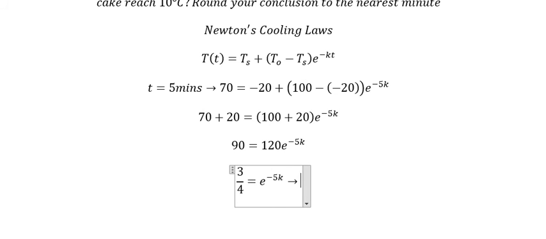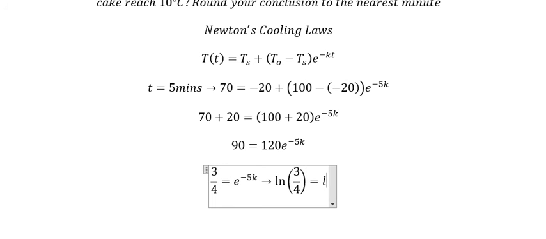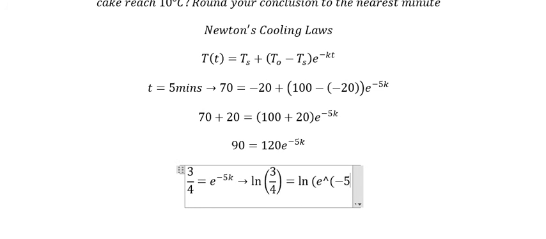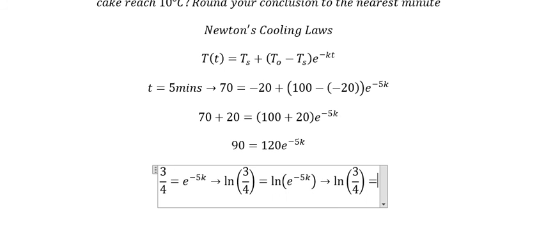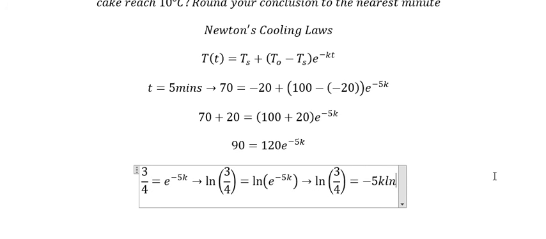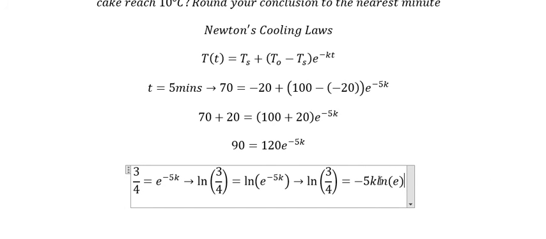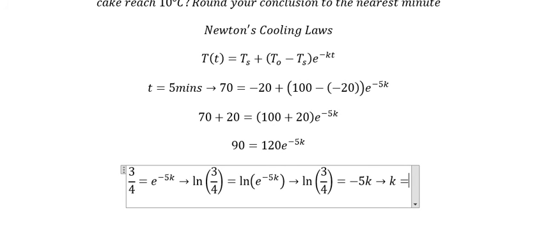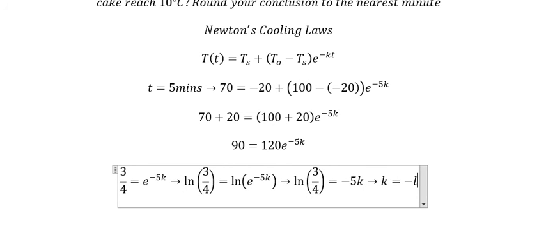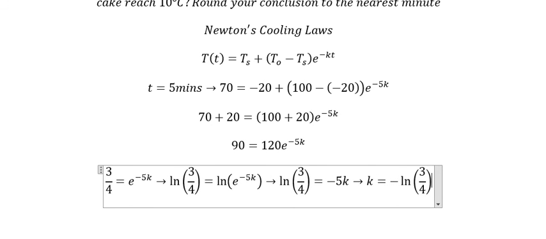Let's start that. We need to use the natural log on both sides. So we got ln of 3/4 equals negative 5k ln e. ln e is 1, so I just write negative 5k and we get k equals negative ln of 3/4 divided by 5.